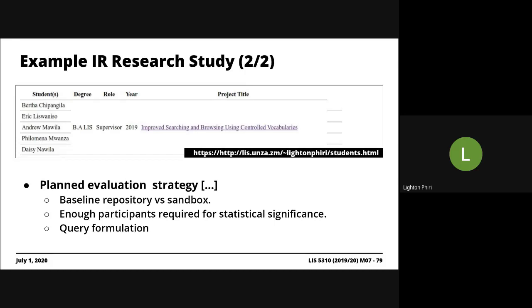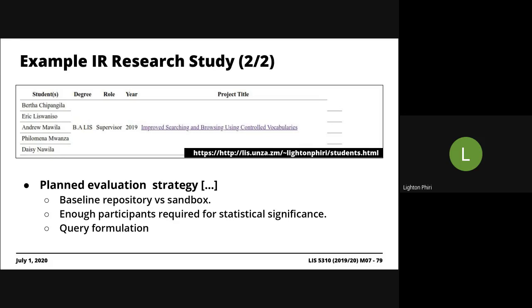So the idea was, would users be able to get more relevant results if you search through a repository that has been integrated with a controlled vocabulary set versus a repository that has not? These are important things that you take into account here.